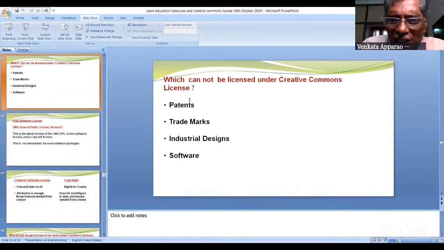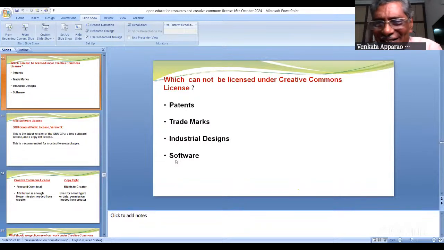For example, in Chennai it is available, in Delhi it is available, in Calcutta it's available. There you have to register. Creative Commons does not give license for patents. Trademarks, it does not give license. Industrial designs, it does not give license. Software, it does not give license.